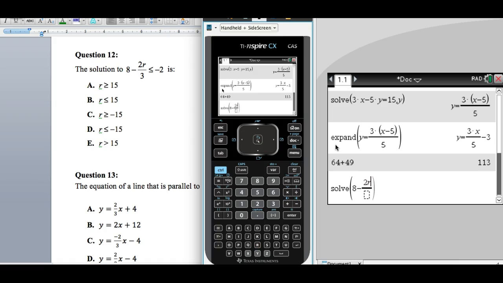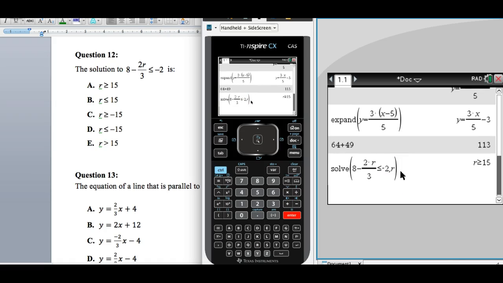I like using brackets if we've got something on the numerator. 8 minus 2r/3 less than or equal to -2, comma r. Okay, so r is greater than or equal to 15.